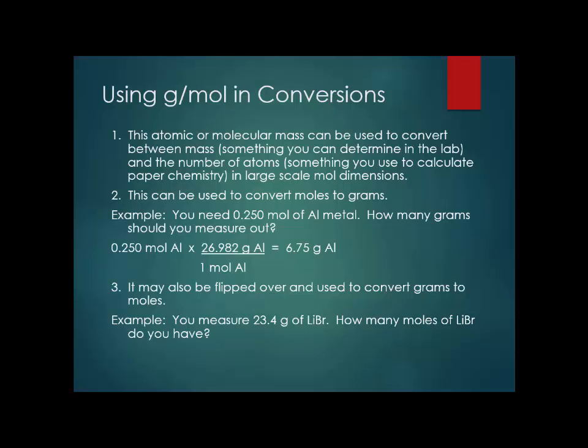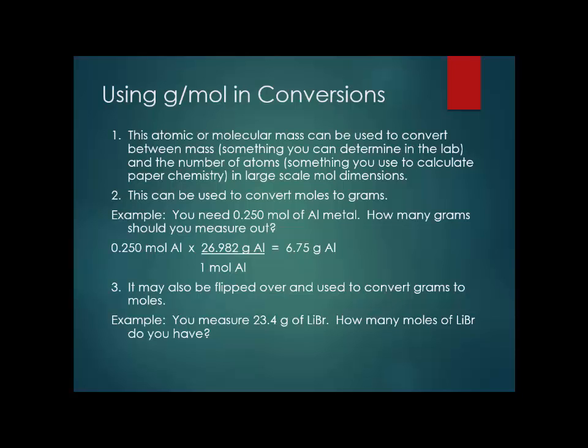And our moles would cancel because we've got it in our numerator to begin with and in our denominator in our conversion, so they cancel mathematically. And we multiply our numbers together and we divide, but you divide by 1 and you get the same thing. And you get 6.75 grams of aluminum. That's how much I would measure out to get a quarter mole of aluminum.